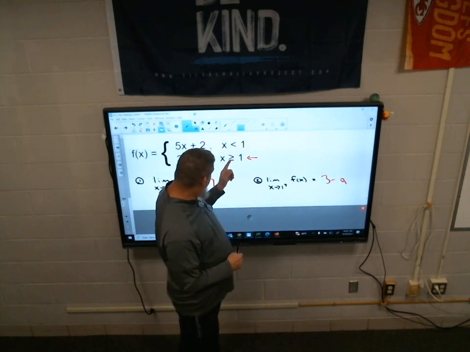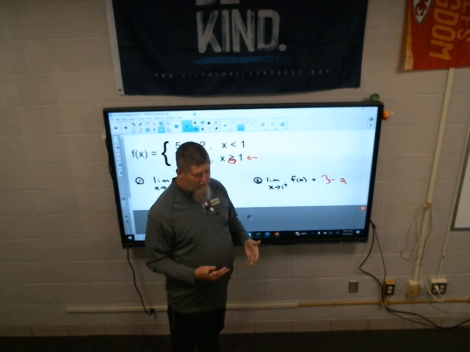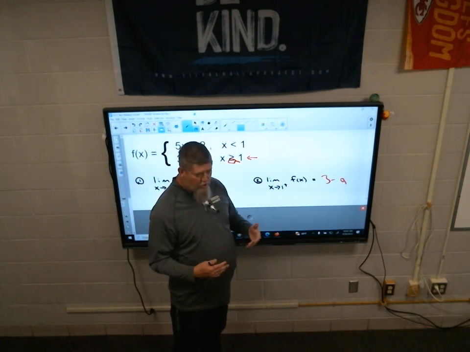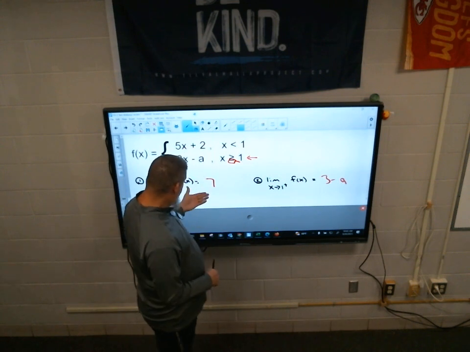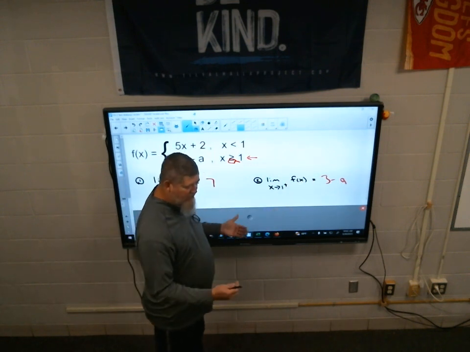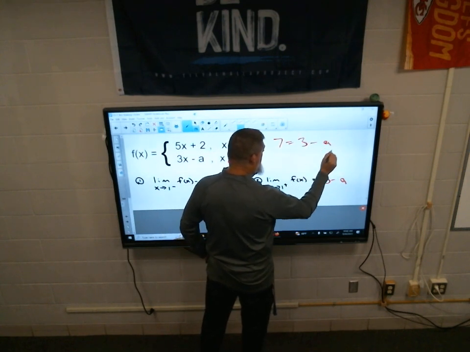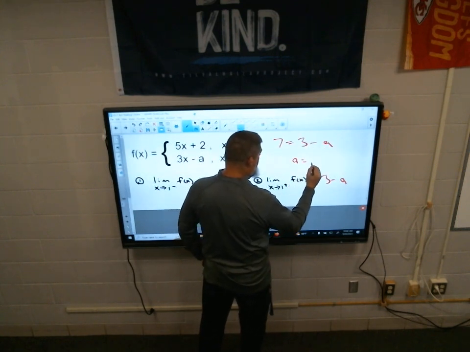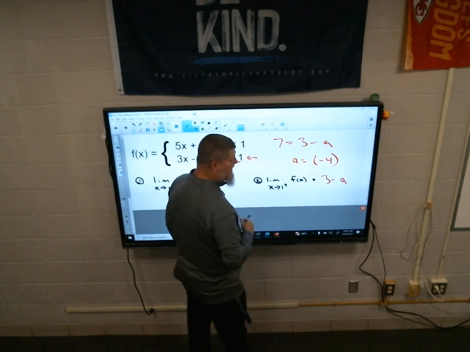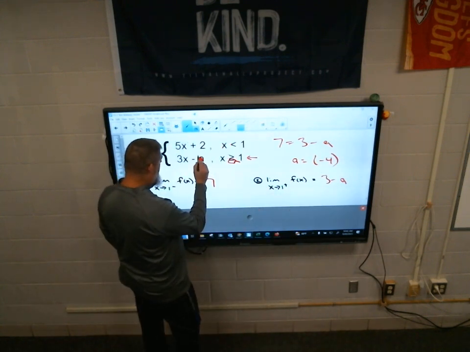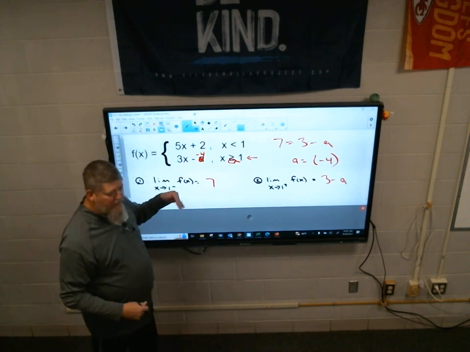If it equals, in this case, the value at 1. That's kind of our lifesaver right there, okay? So in order to figure it out, take the limit from the left, the limit from the right, and just set them equal to each other. So A must be equal to negative 4. So then A would be negative 4, and this would be a continuous function.